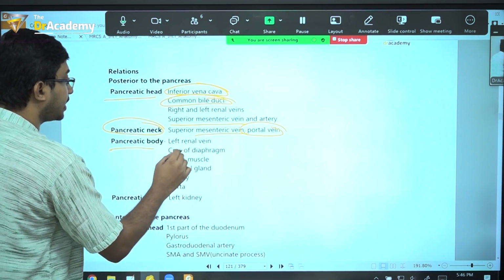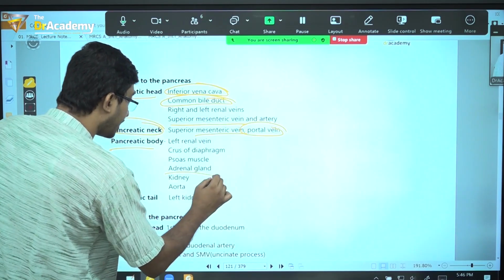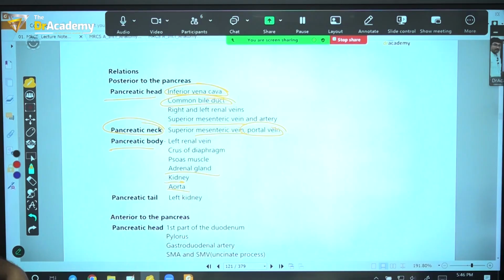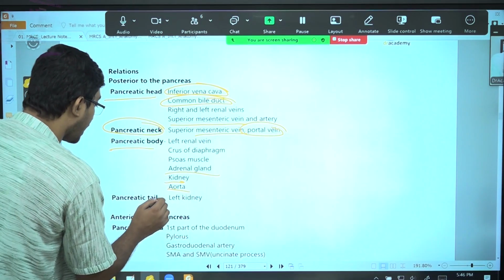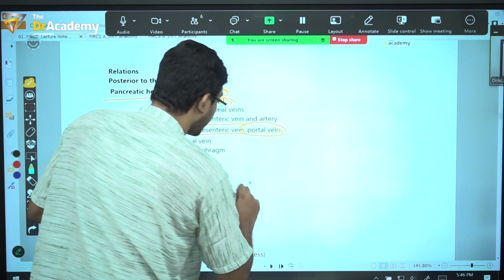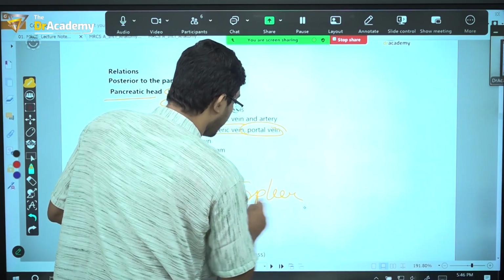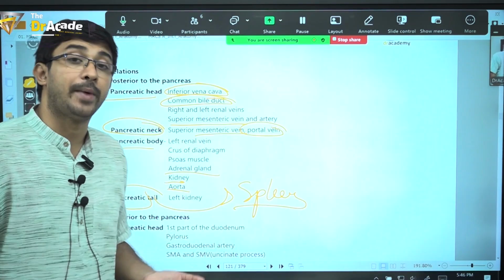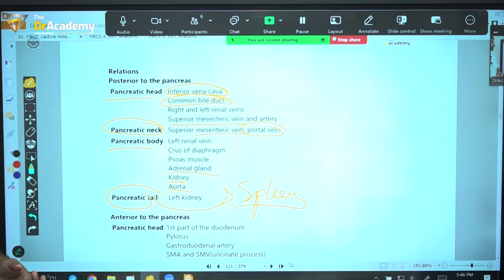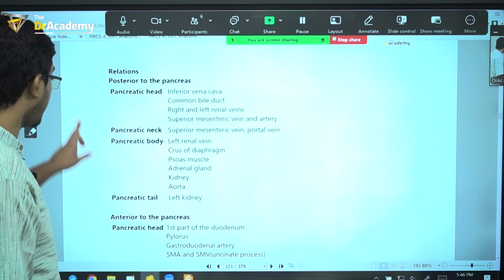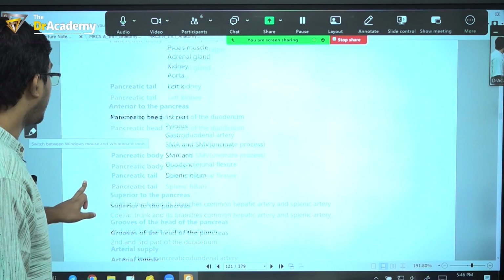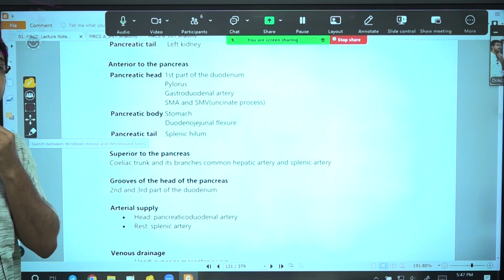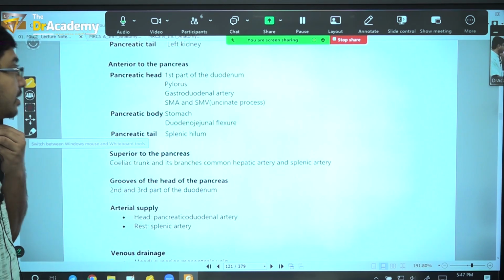Behind the body of the pancreas are the adrenal gland, kidney and aorta. The spleen is related to the pancreatic tail, and during splenectomy the pancreatic tail might get injured, resulting in a pancreatic fistula. These are the posterior relations, and then the anterior relation: anterior to the uncinate process lie the superior mesenteric artery and vein.